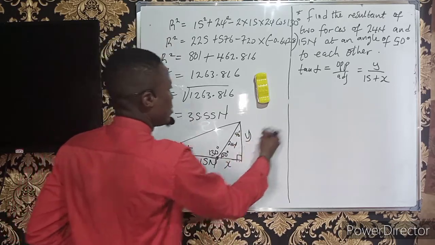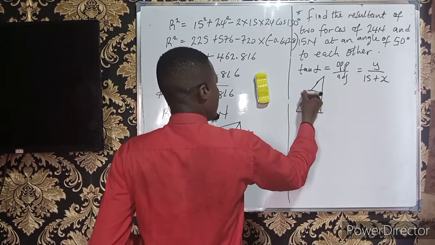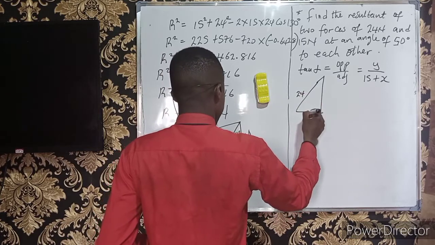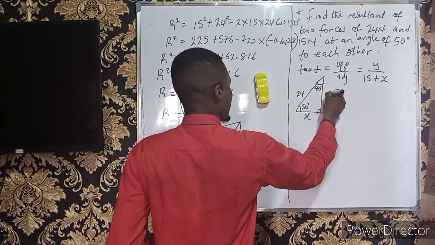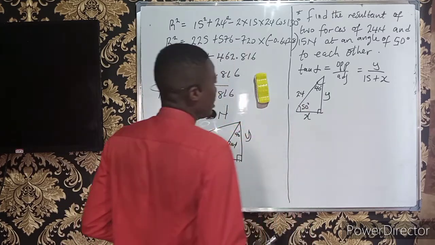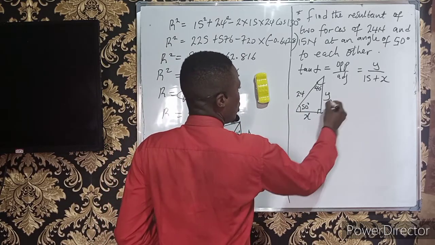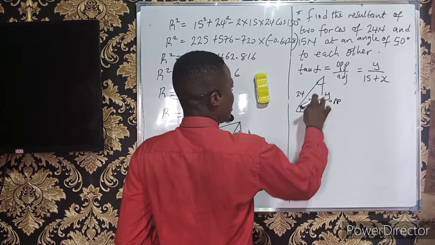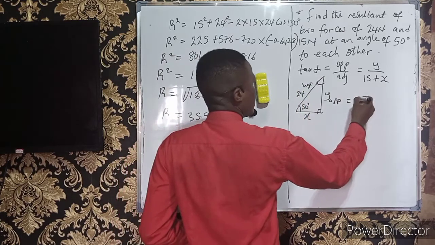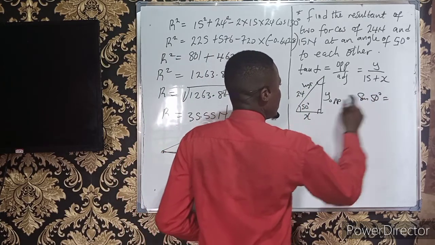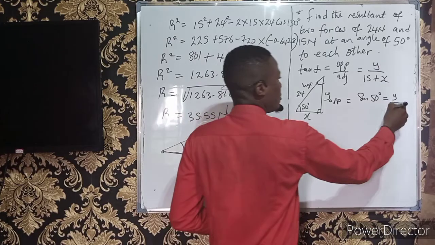So consider the smaller triangle now. This triangle here, this is right angle. Where here is now 24, here is x, here is 40 degrees, here is 50 degrees, and here is y. Now, if I want to get my y now, I'm making reference to this angle now. I'll have opposite over hypotenuse, which is sine 50 degrees. My opposite is y over hypotenuse, which is 24.